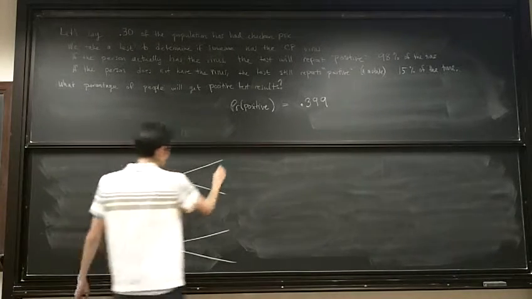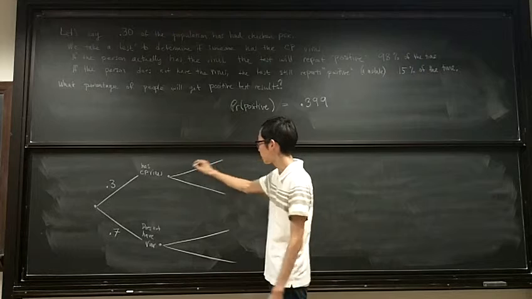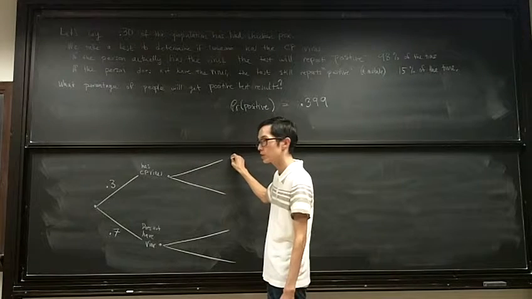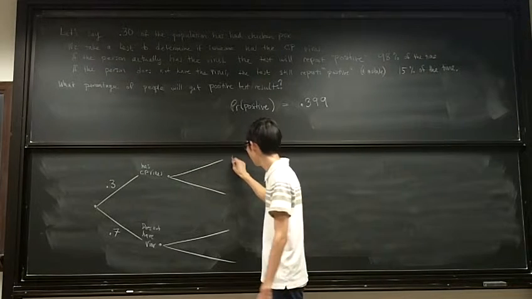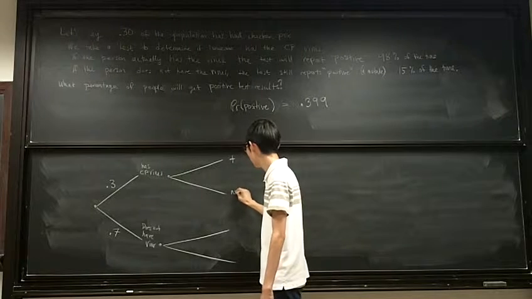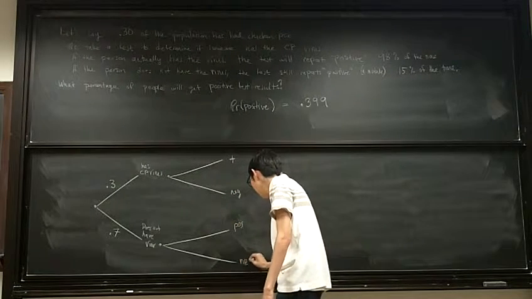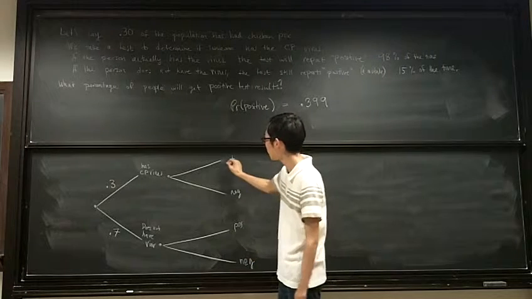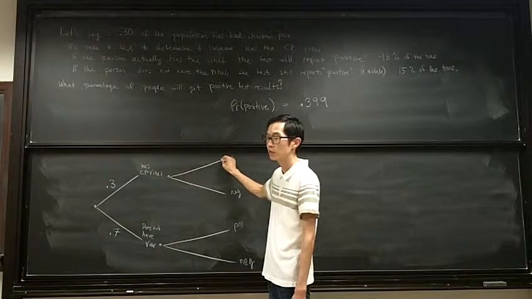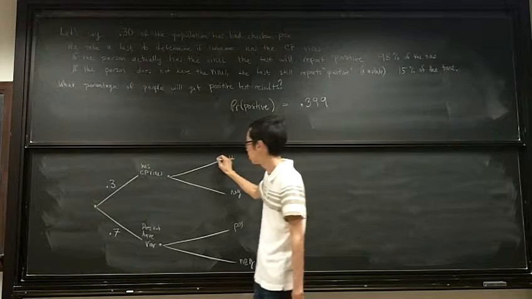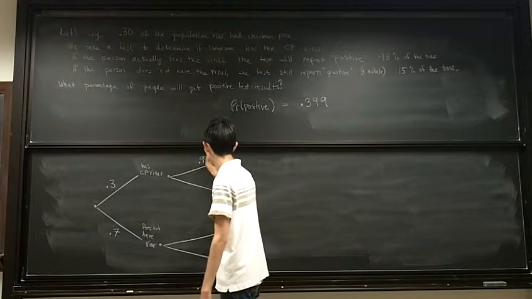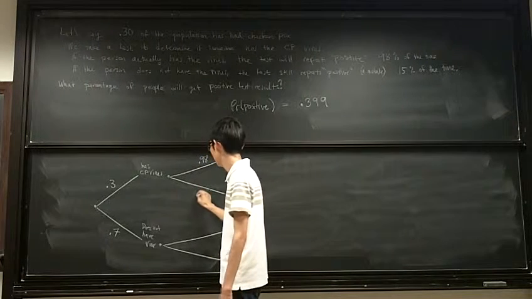Alright, so then what do I put at the notes here? If somebody has the chickenpox virus, what could happen with the test results? Positive or negative. Same thing here. If they actually have the chickenpox virus, what's the probability that it shows positive? 0.98. And this would be 0.02.